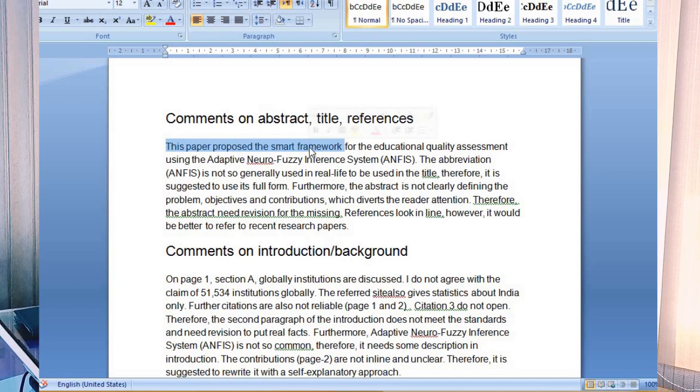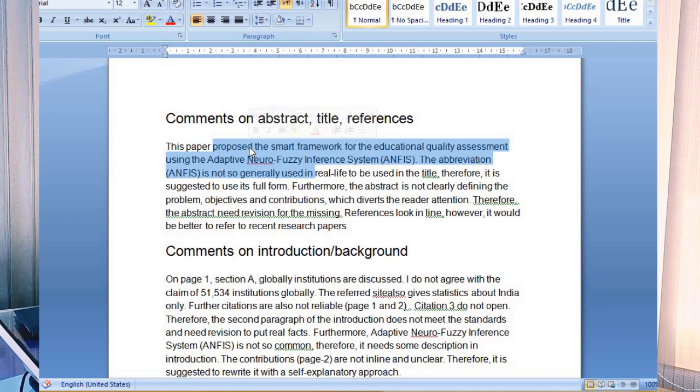In the first paragraph, this paper proposed the SMART framework for education quality assessment. First you have to write what this paper is going to propose, what are the strengths, what are the advantages, what are the achievements of this paper, to motivate the authors.